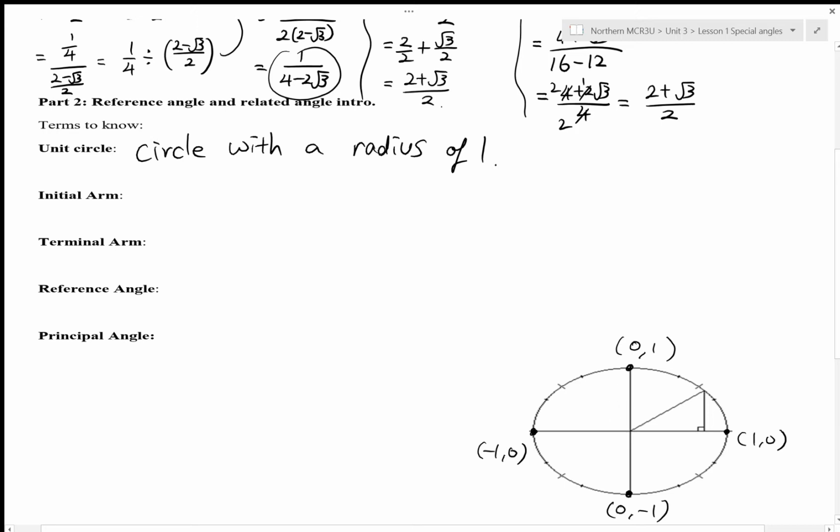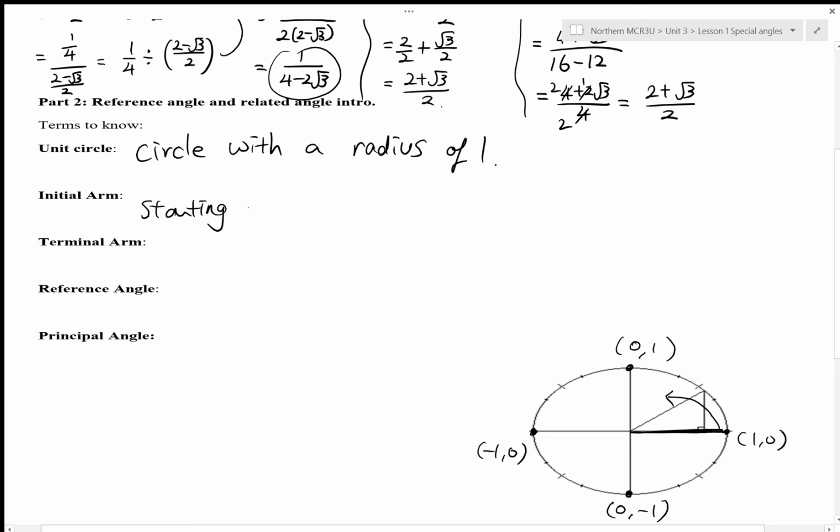And then it says initial arm. Initial arm is this. So hopefully you can kind of see, oh wait, initial arm, isn't that the x-axis? Well, it's not the x-axis, but it's the arm that rests on the x-axis. So we can say that this is a starting arm, because that's where your arm starts to rotate.